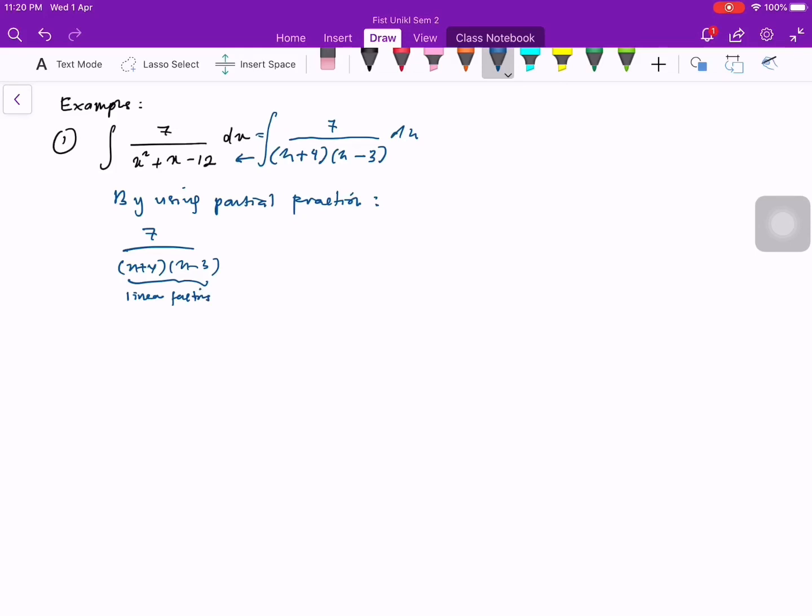So since we have linear factors, we are going to have a constant on our numerator. Then we're supposed to have two fractions, which is A over x plus 4 plus B over x minus 3. Okay, then we equalize the denominator.